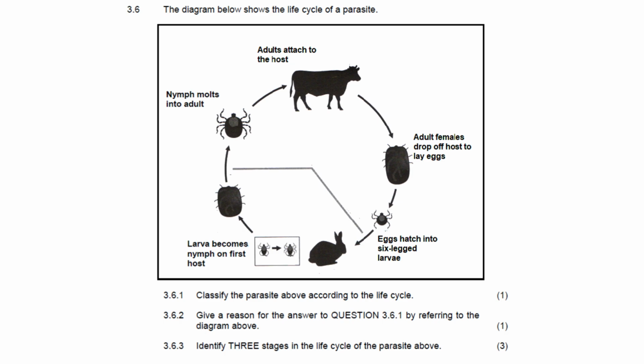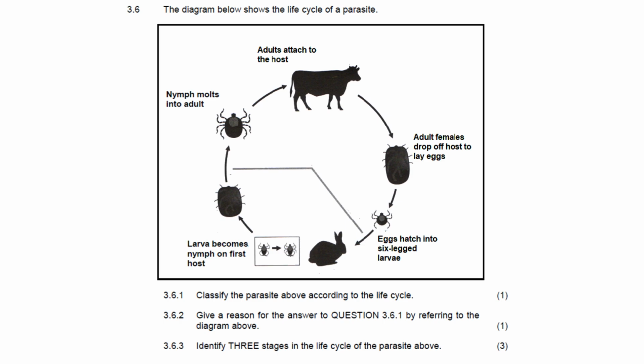So your reason there will be basically what I have just explained. This type of parasite needs two hosts. As I have said, you have two hosts there. One is a cow and the other one is a rabbit. So it needs two hosts to complete its cycle.